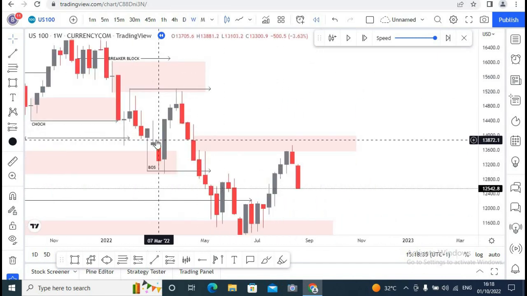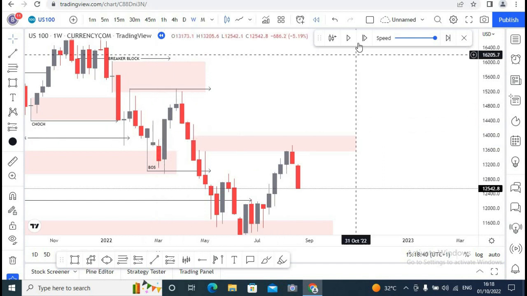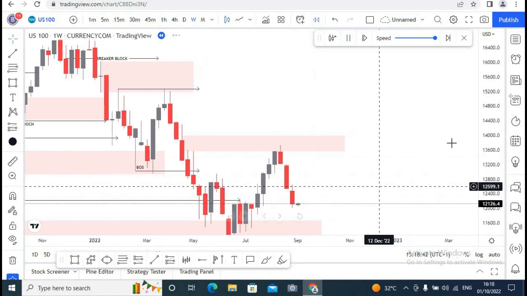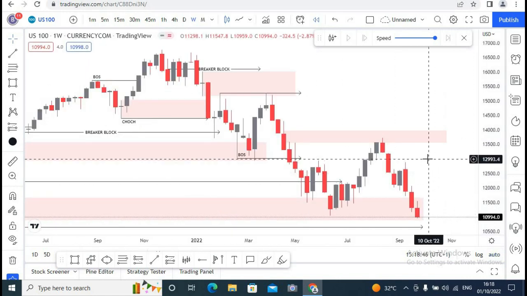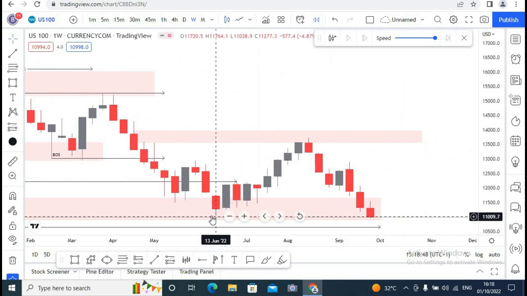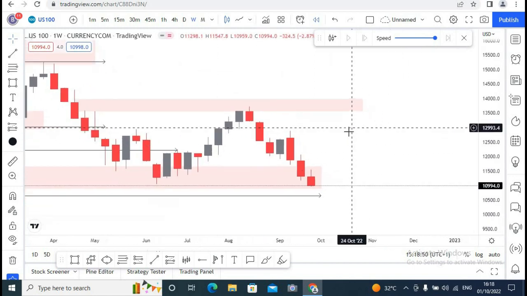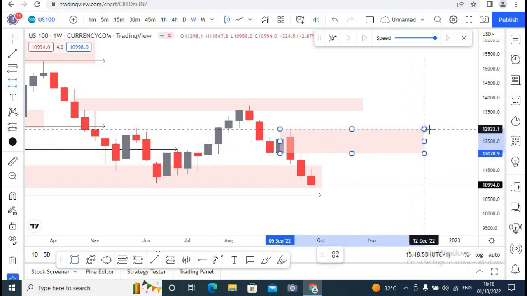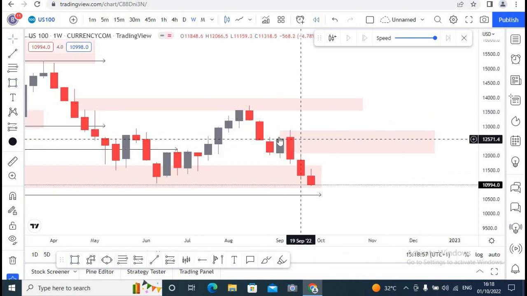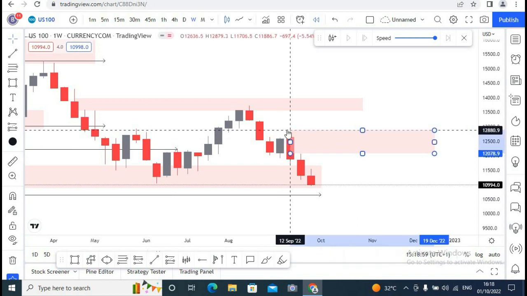As you can see, they are not even above our breaker block level right there, and the price was able to hold the price to go to the downside. Now as you can see, price managed to also take out this zone, meaning now we are going to be focusing on this last drop base drop, which is your supply level.